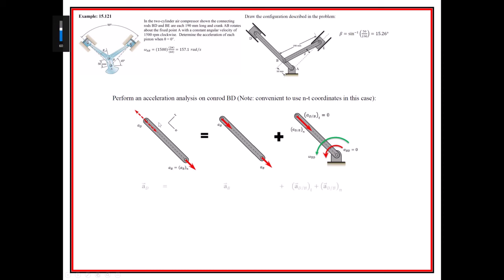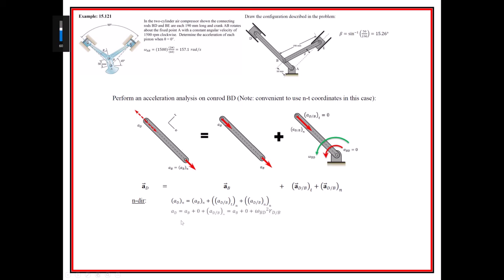So we write out the equation for this top point, the point that we want to find, and we pin it about that reference B. And in the N direction, I decided to go N and T instead of X and Y. It just makes sense. Everything's aligned with it, so it's much cleaner.